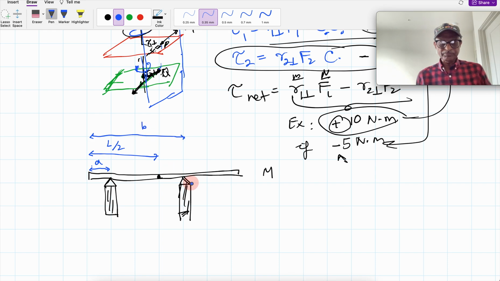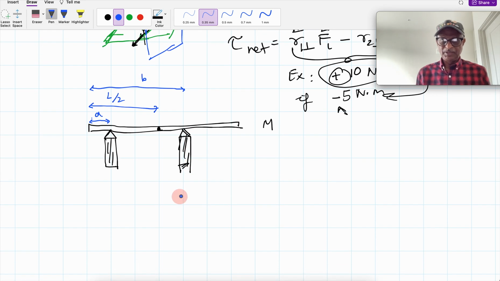B. So it says, let's complicate it a little bit more, okay? Let's put a child who sits on and keeps scooting over, and at some point is going to topple over, okay?